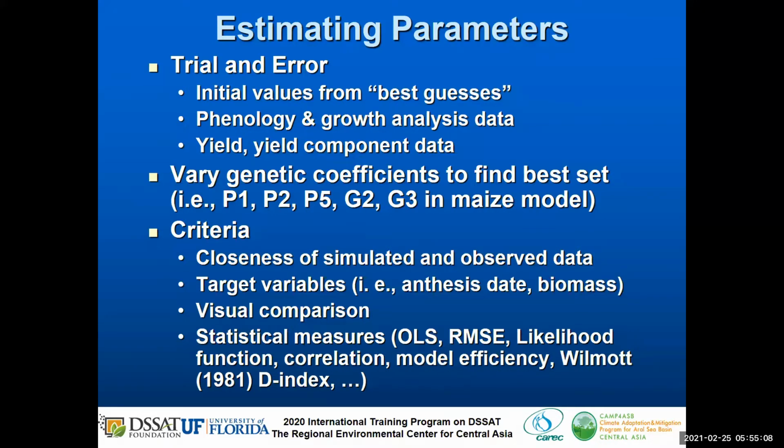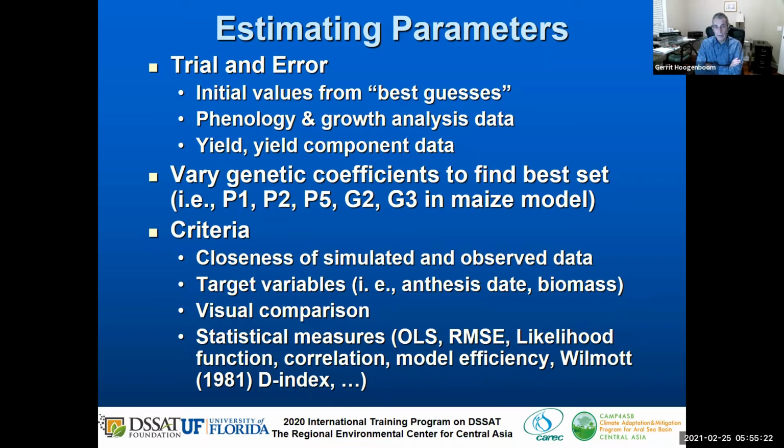So we're working a little bit with the phenology coefficients, which determine the number of days to flowering and maturity, and then some growth coefficients, which ultimately determine the yield and yield components.